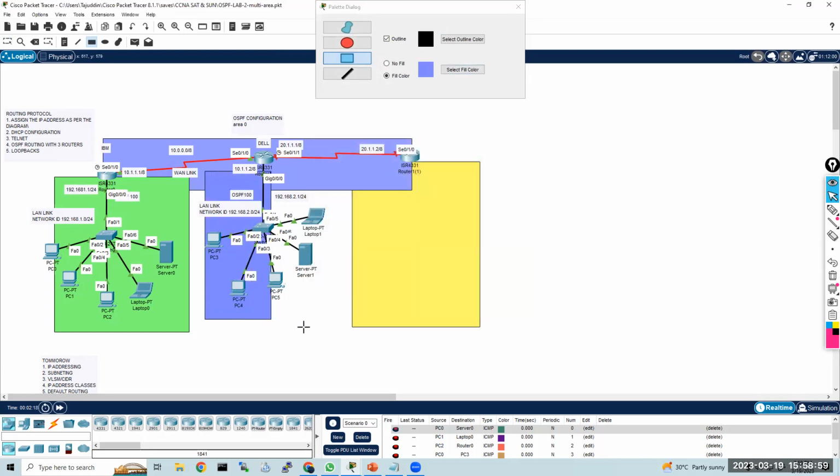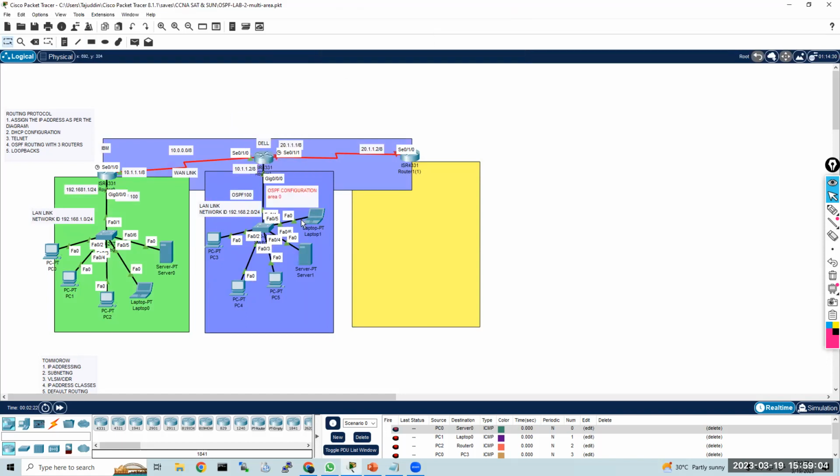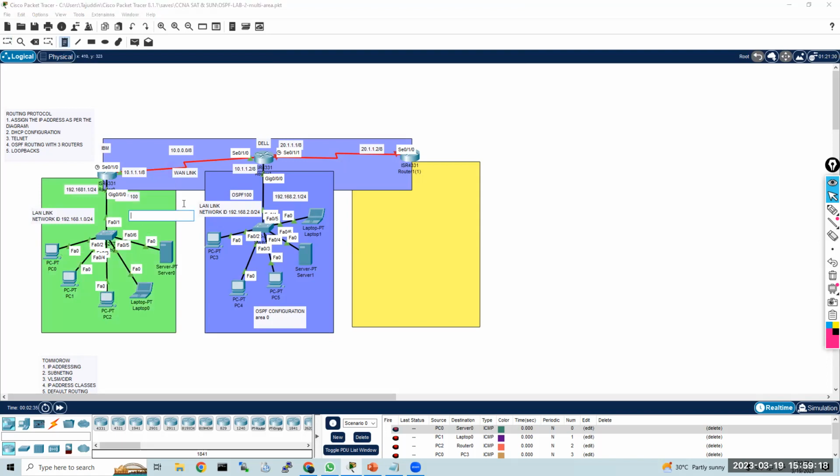First understand, the area which belongs to this blue color is area 0. The yellow color, you have not connected the network yet, I will connect it. The green color belongs to your area 1. For example, we will take area 10, and this guy will be in area 20. We can give 2, 3, 4 also.